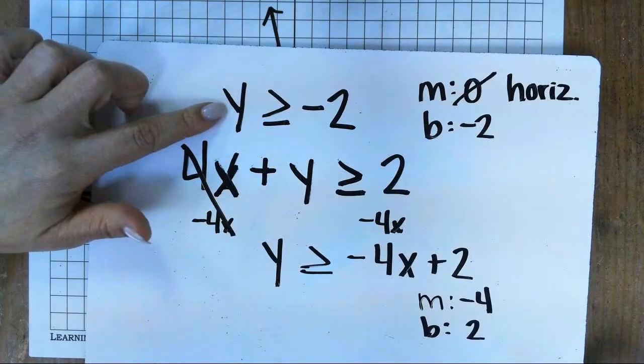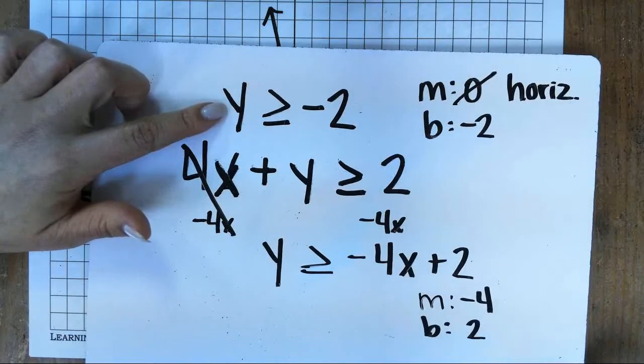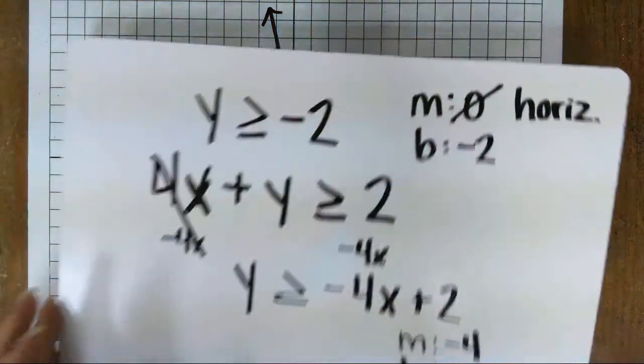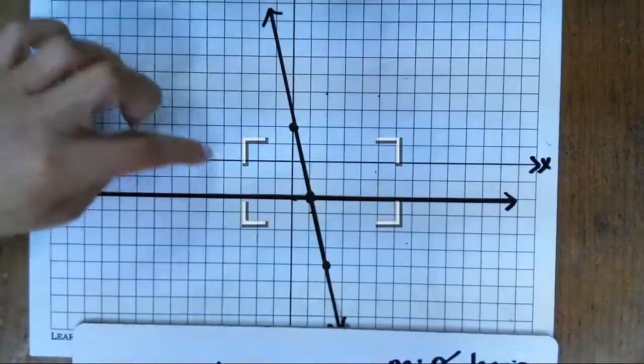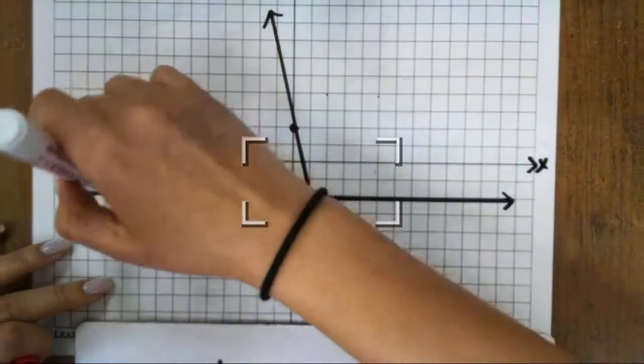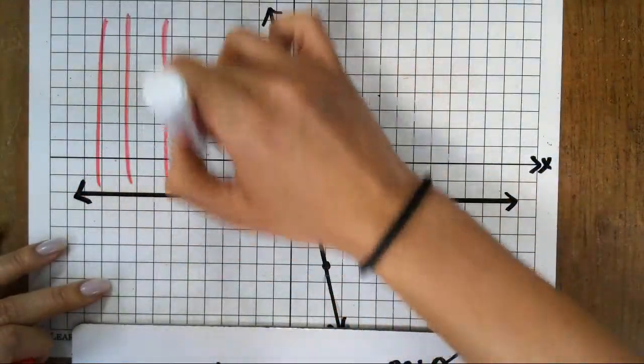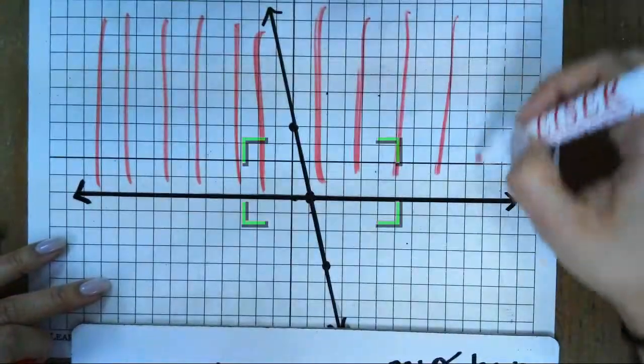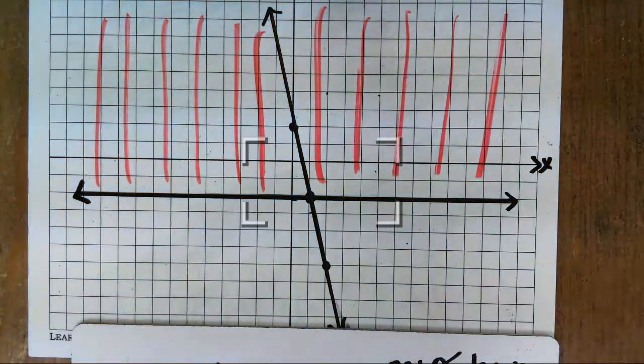A true statement means you shade in the direction of the test point, which in this case is my origin. So for this one, I'm going to shade upwards because my test point is up. I'm just going to very lightly do a couple of lines going upwards so you guys can see that this one is shaded up.